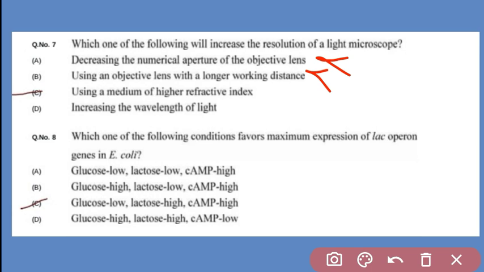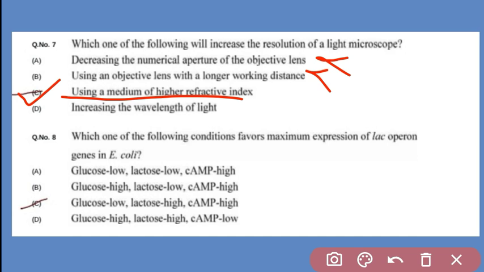Using a medium of a higher refractive index, yes, by using a medium of a higher refractive index, the resolution of a light microscope can be increased, and for this purpose, a medium of higher refractive index is used when using a light microscope.